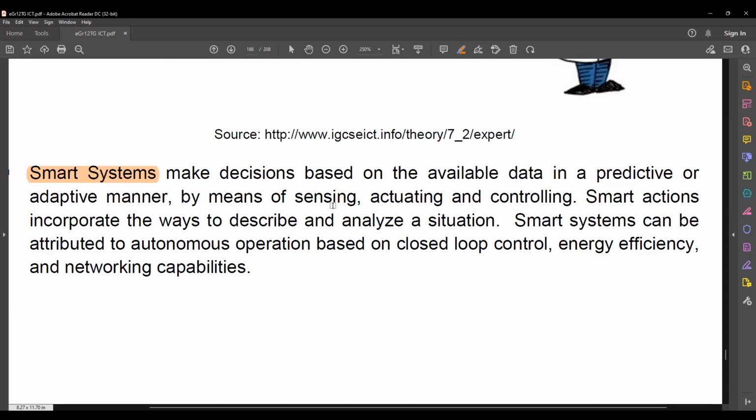You can sense temperature. You can sense the light, and then you can have actuators, meaning you can perform some actions, like a smart home system where when you go to the door, the system recognizes you and opens the door for you, right?